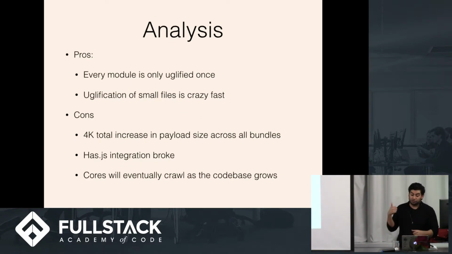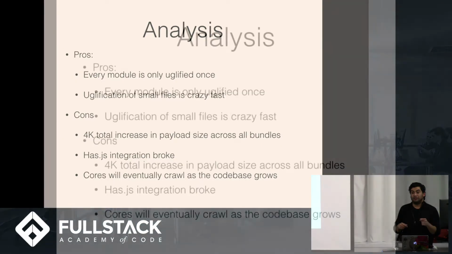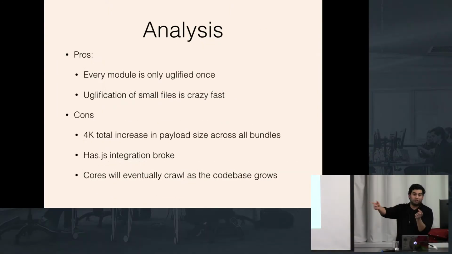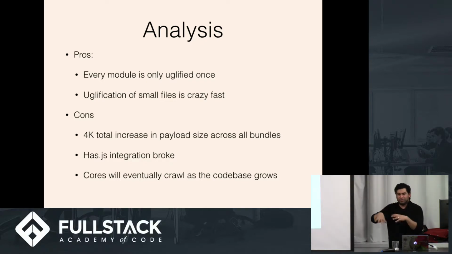Uglification of small files is really, really fast. Every module is uglified once, which is actually a bit of redundancy there. Is it? I guess for those modules that are not in common, because they weren't really common across all bundles or the majority of them, you would not include them in common, and so they would be redundant.